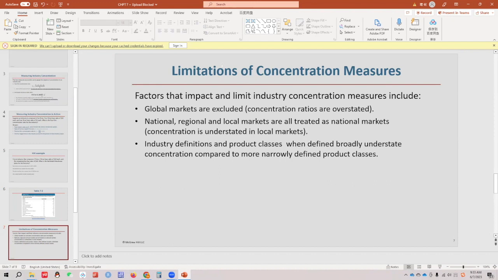The third one is that industry definition and product classes, when defined broadly, understate concentration compared to more narrowly defined product classes. Sometimes it's disputable. If you're looking into the concentration level of gasoline, people may argue, hey, diesel is a close substitute for gasoline. Should we also consider that? The range of the market is sometimes disputable as well.